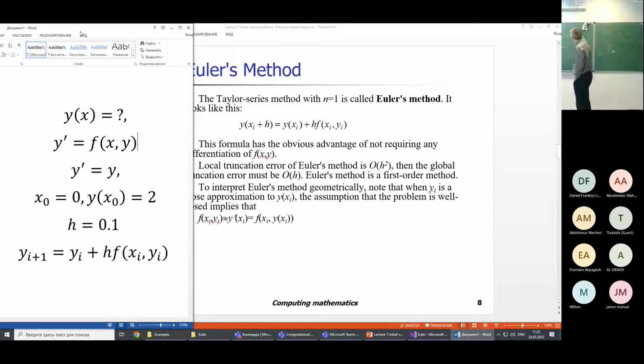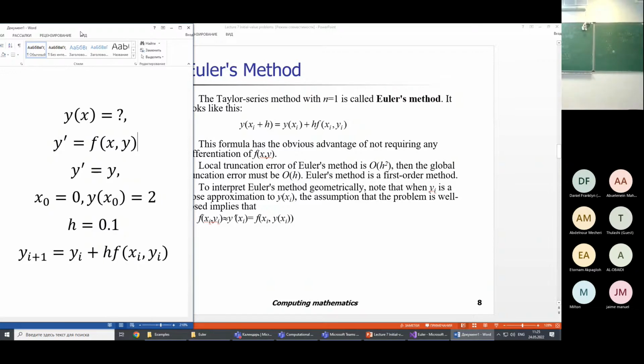How to compute y2? We should use the same formula. We should just update indexes. y2 equals y1 plus h times f of x1, y1. This is y1.